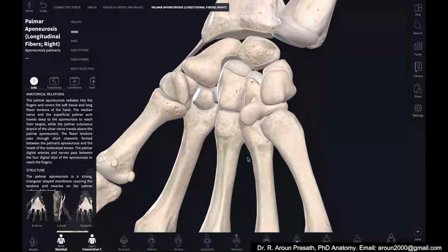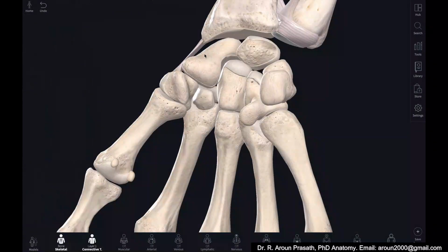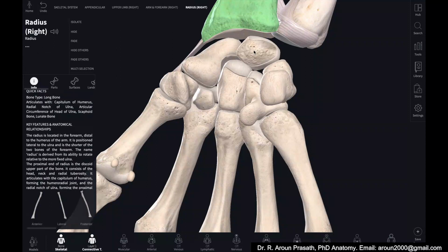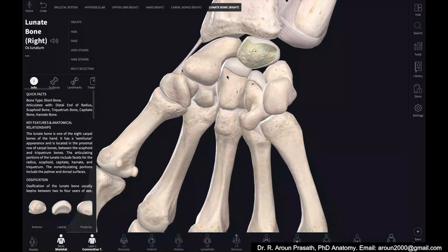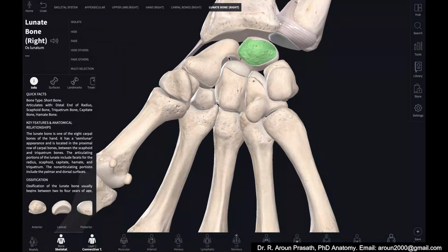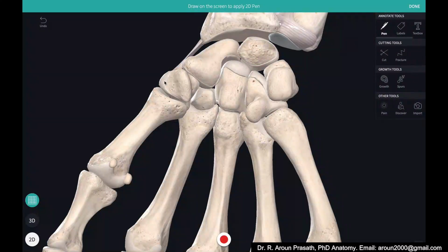Now you see, this is the radius bone and this is the carpal bone, so this line is called the radiocarpal joint line. This is one row of carpal bones, this is another row, so this line is called the intercarpal joint line.